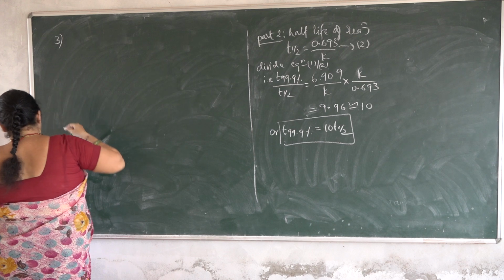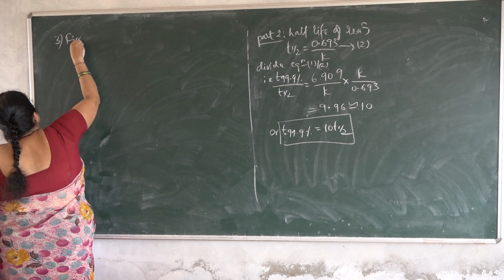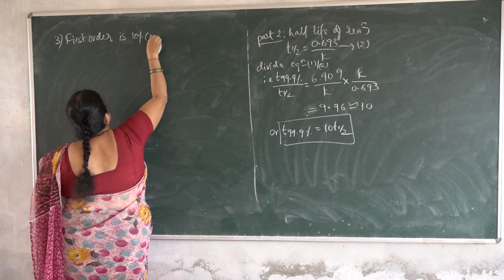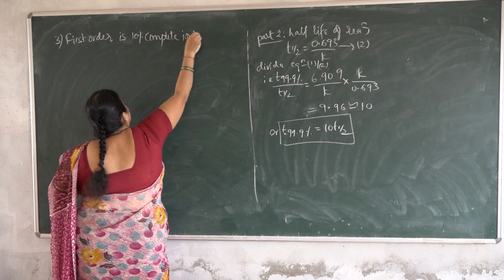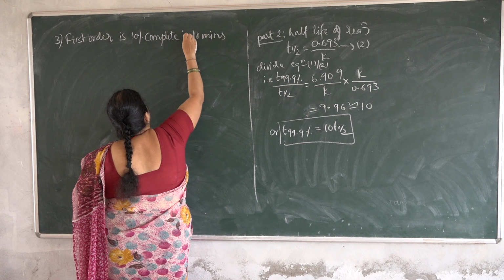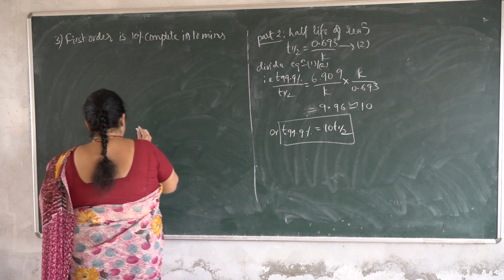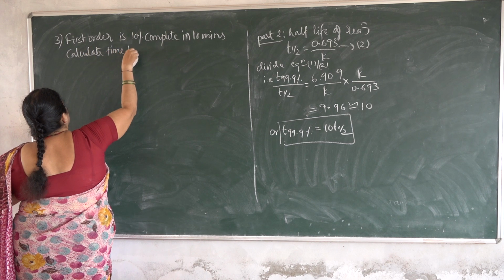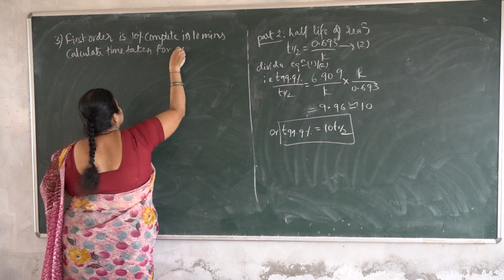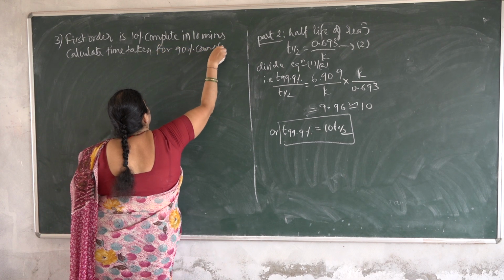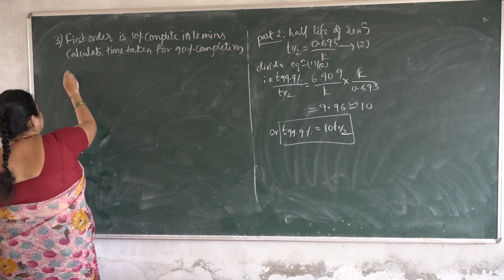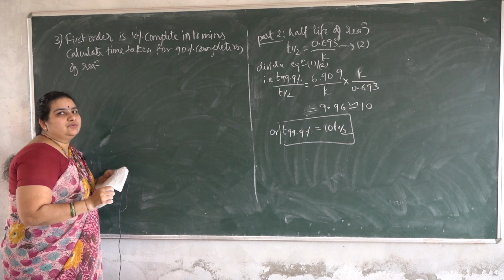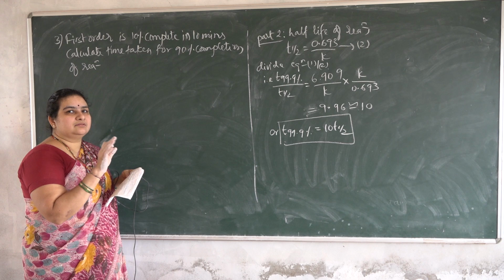Question number 3. First order reaction is 10% complete in 10 minutes. Calculate the time taken for 90% completion of the reaction. If this question is asked in your competitive exams, you will just go by the simple calculation.